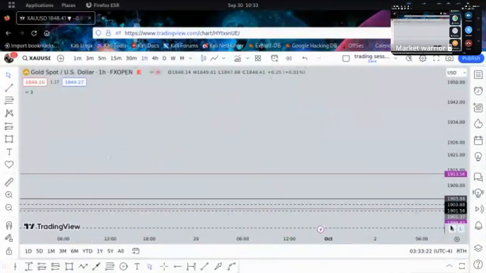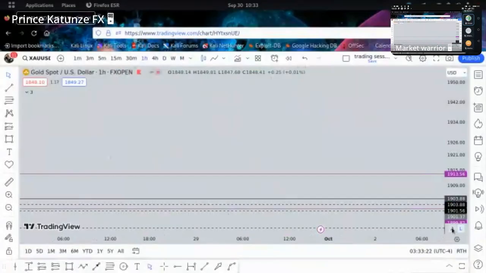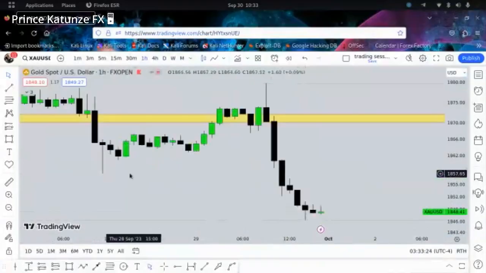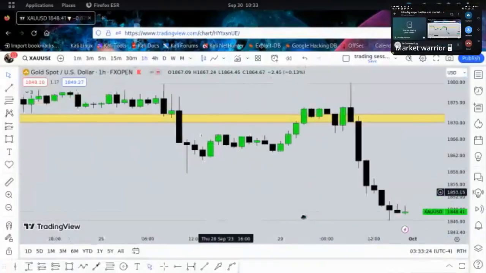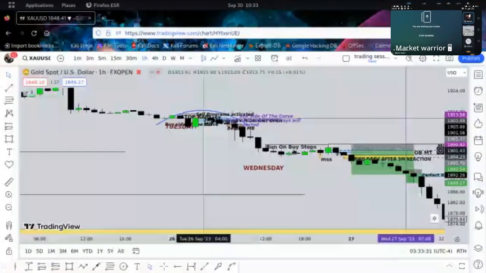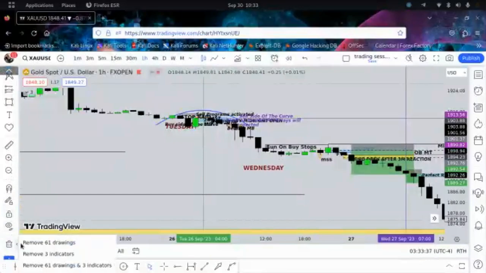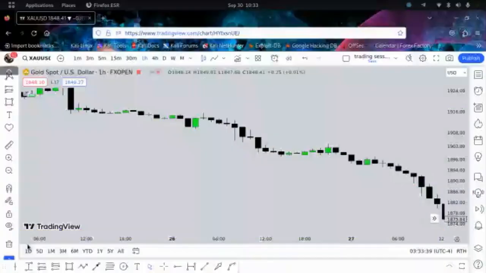Now for gold, if you want to trade gold intraday, you need to use the lower time frames. So now I'm going to erase everything. I want a clean chart so that we start from scratch. So everything has been erased.